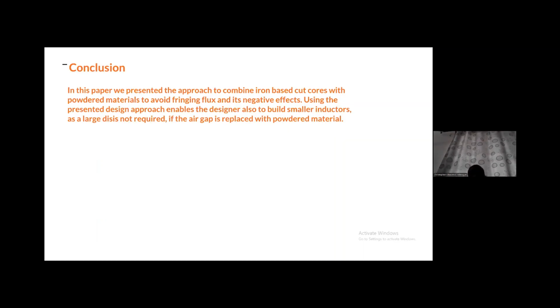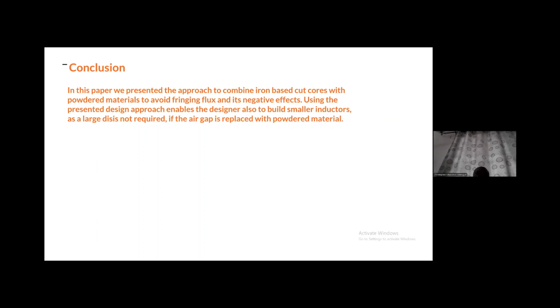And in conclusion, in this paper, we presented the approach to combine the iron-based cut cores with powdered materials to avoid fringing flux and its negative effects. Using the presented design approach enables the designer also to build smaller inductors, as a large distance is not required.